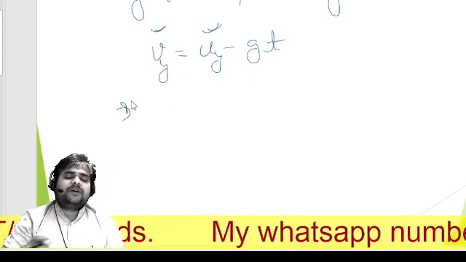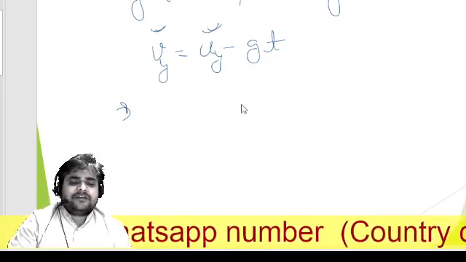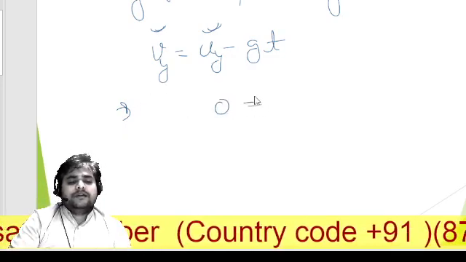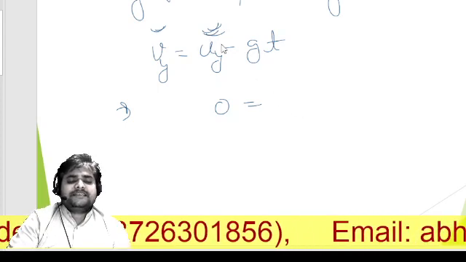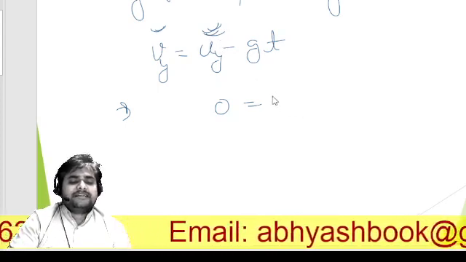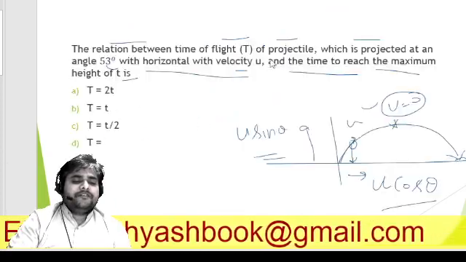At the highest point, the component of velocity becomes 0, and the initial velocity along y direction is u sin 53.